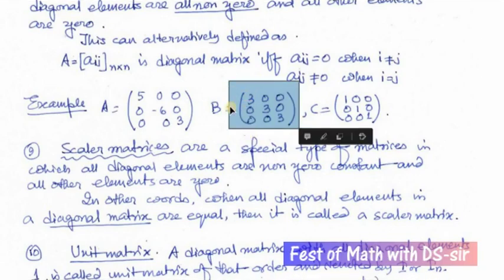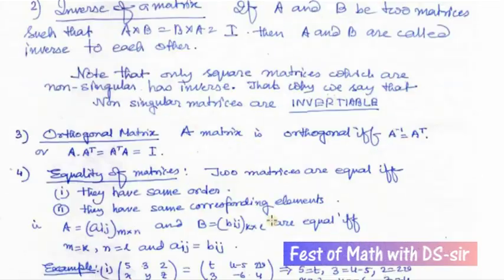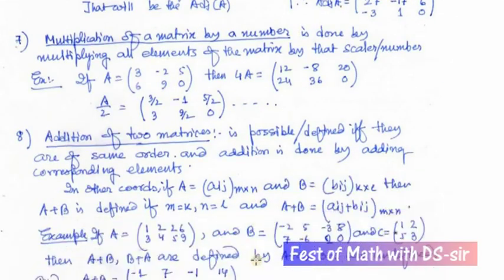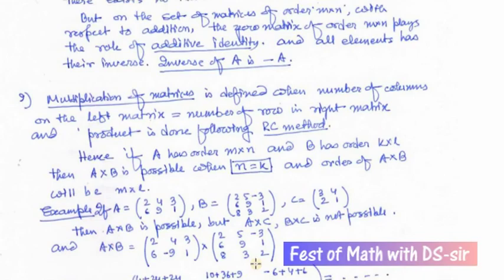We can write this as 3 into I, and B as 3 into C. So it is a scalar multiple, that is 3 times the identity matrix. That's why this kind of matrices are called scalar matrices. Why are they called scalar matrices? They can be expressed as a scalar multiple of the identity matrix.